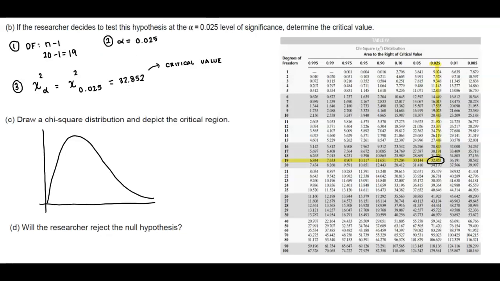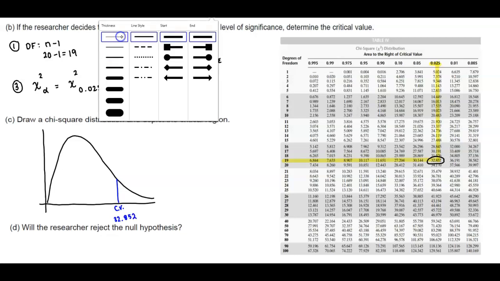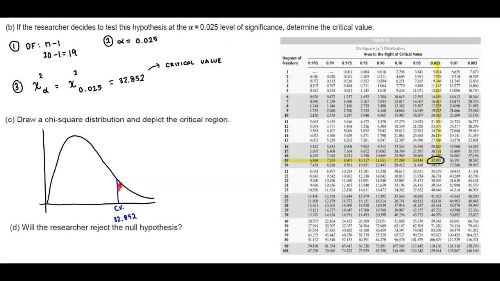We need to find where the critical value is located on our distribution. Our critical value is 32.852, and everything to the right, since it's a right tail, represents the critical region.